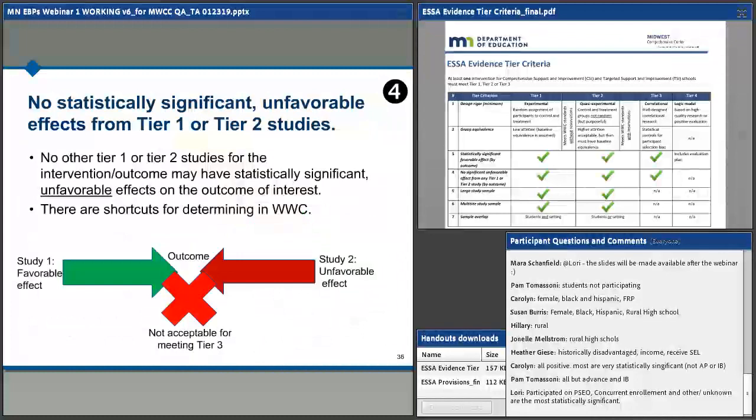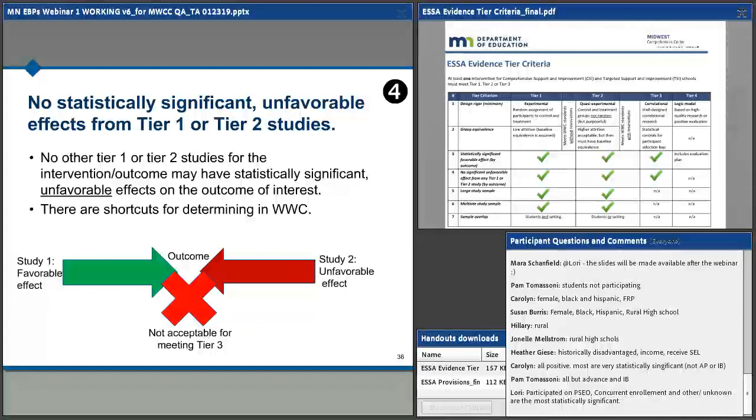So what's the upshot of that? Well, if you're not looking in a clearinghouse, that can be somewhat of a daunting task, to make sure that there's no other studies out there that have significant negative effects. And it is, which is why I'm going to show you a shortcut in the What Works Clearinghouse in a second. But in general, the takeaway here is that it's not enough just that your study has statistical significance.